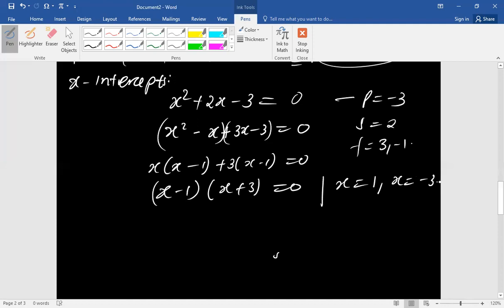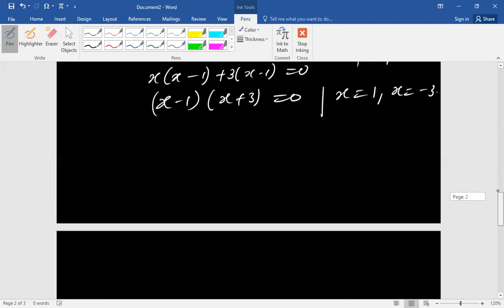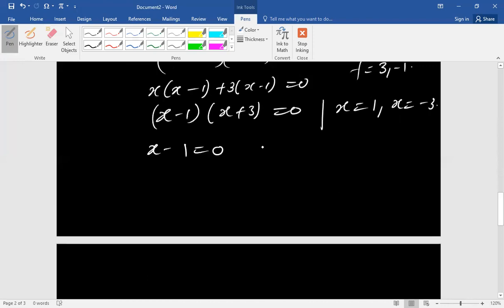In case you don't know how that is found, you just equate these two factors to 0, because the multiplication of these is giving us 0. That means x minus 1 should be equal to 0, or x plus 3 is equal to 0.